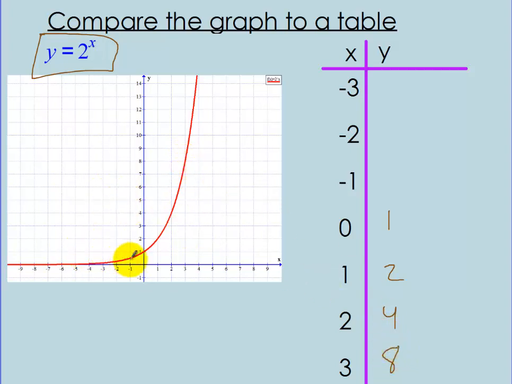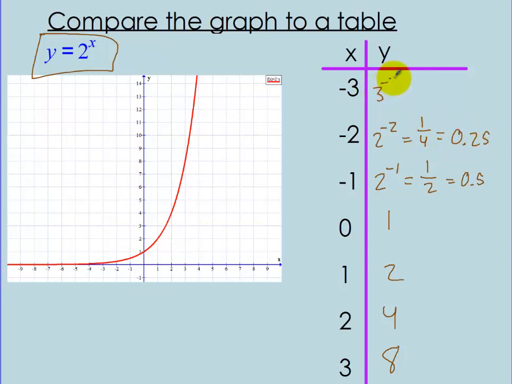Now, you can't see this from the graph. It's kind of harder to see those things. But if you plugged negative 1 for x into the equation, you get 2 to the negative 1 power. And we did our properties of exponents. That's going to be 1/2 or 0.5. If you did 2 to the negative 2 power, that's going to be 1 over 2 squared, which is 1 over 4, which is 0.25.